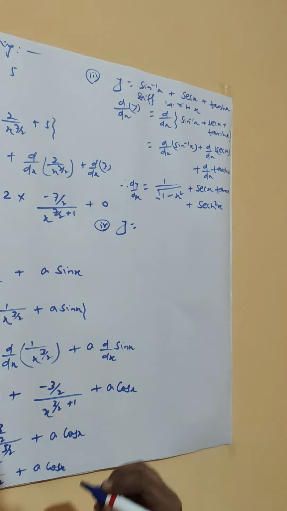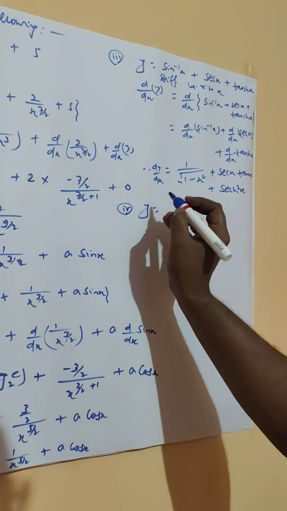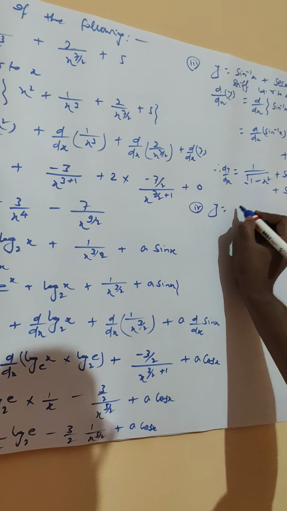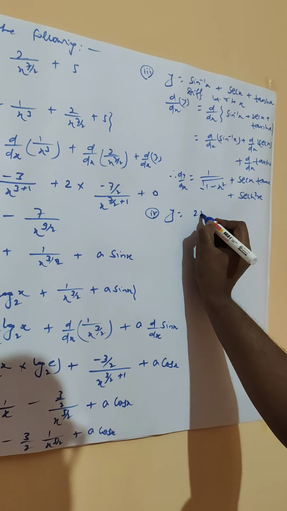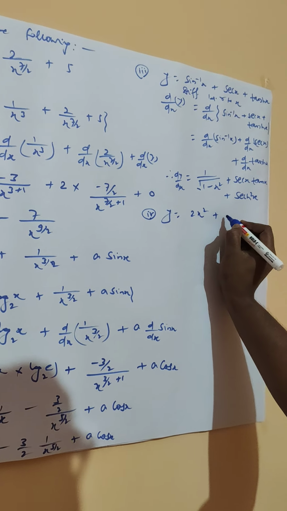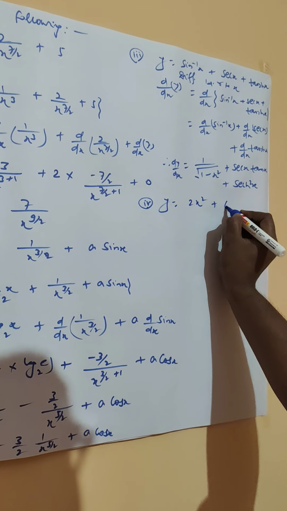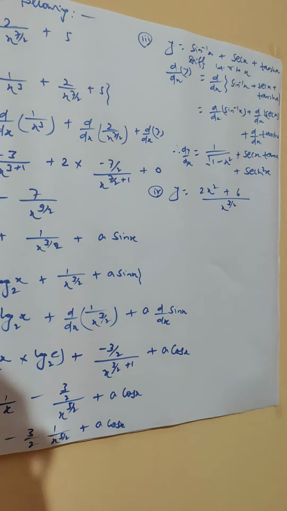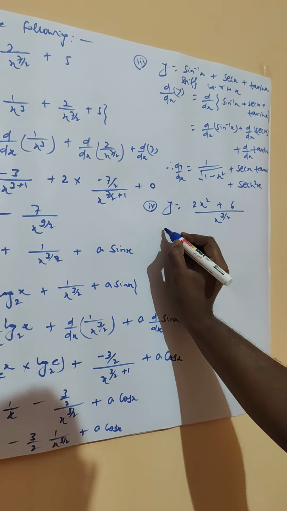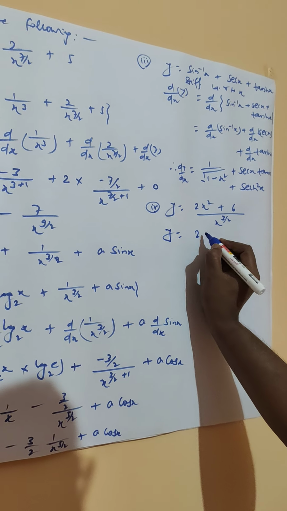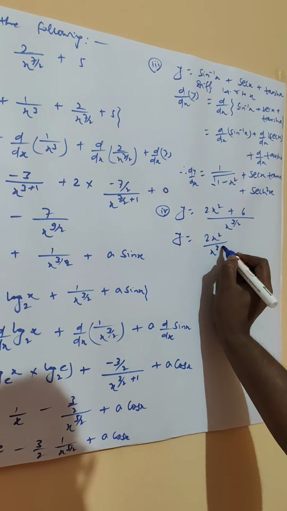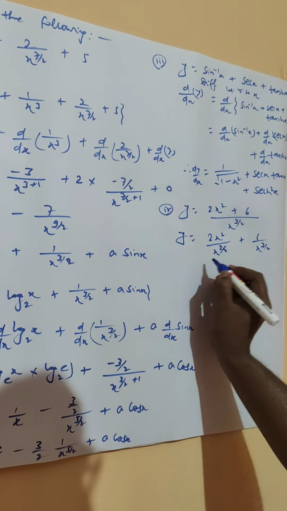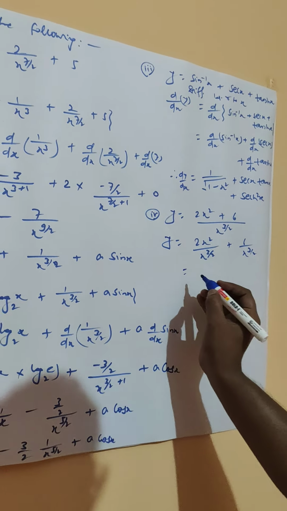If y is 2x squared plus 6 by x to the power 3 by 2. Now here at first we have to separate each term: 2x square by x raised to 3 by 2 plus 6 by x raised to 3 by 2.